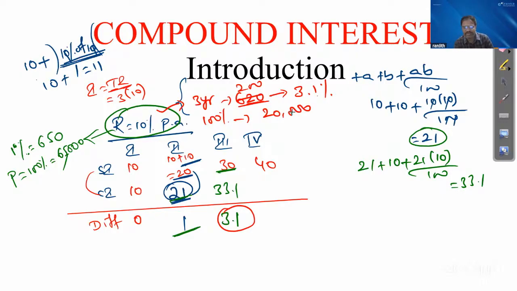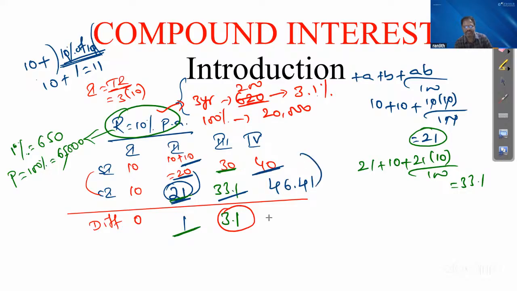10 percent or 20 percent; 20 percent we'll discuss later. So here, for 2 years or 3 years, we can go with 4 years also. So in SI, for 4 years it will be equal to 40. What about CI? Already for 3 years equals 33.1, finally equals 46.41.